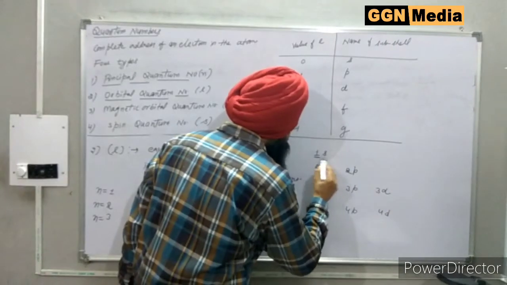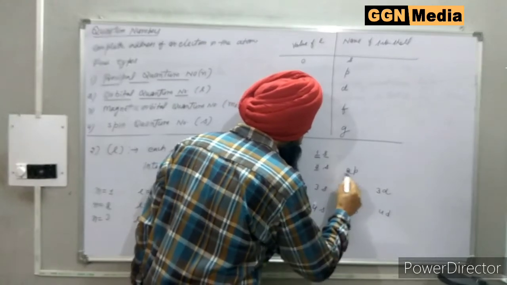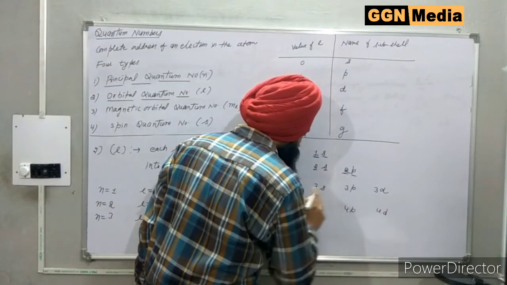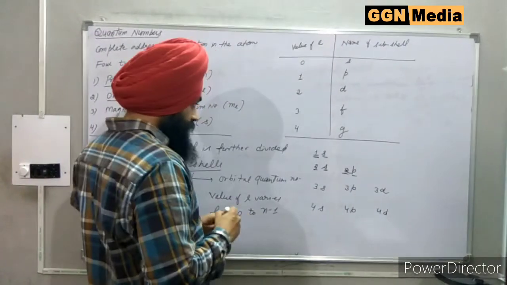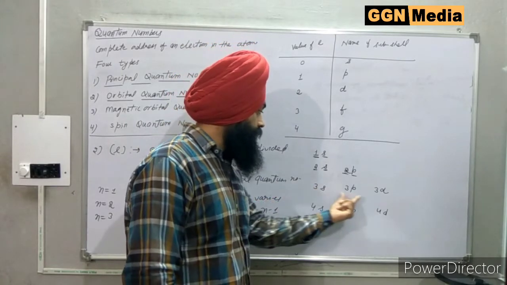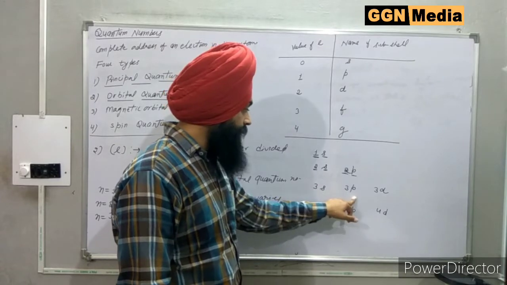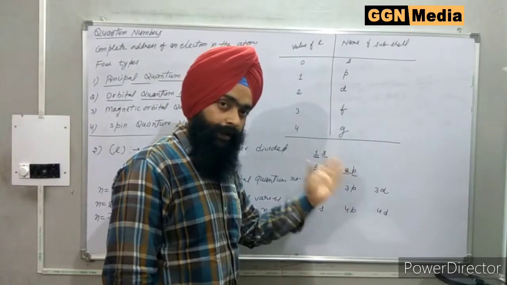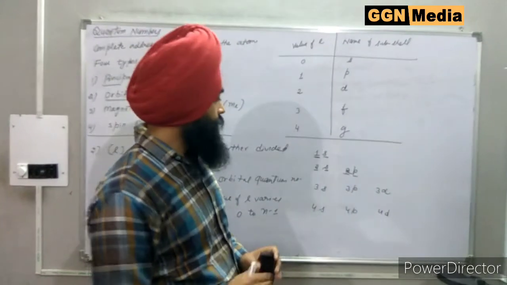So this is the principal quantum number, this is the orbital quantum number. You can see here the principal quantum number is same for these three subshells. For s, p, d, the value of n is same, but value of l is different here.